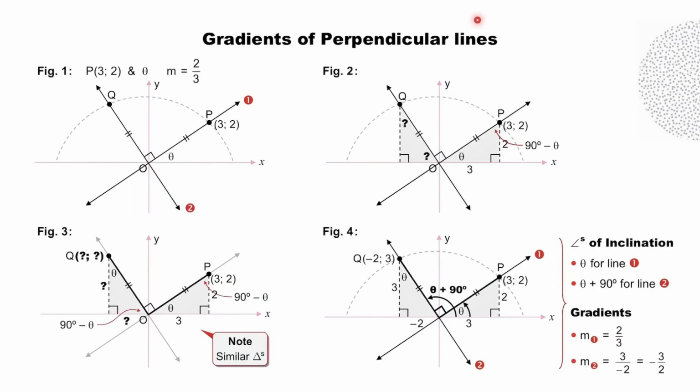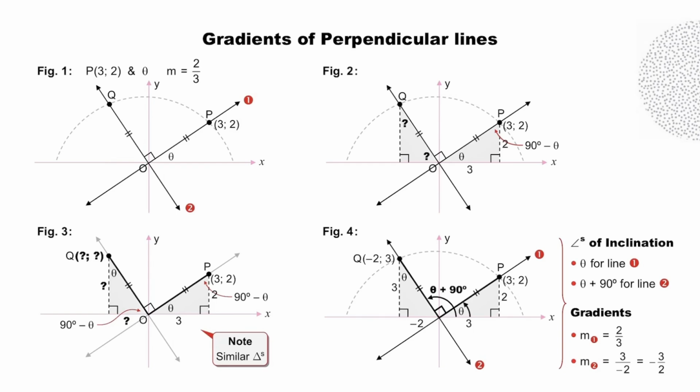About the gradients of perpendicular lines and the fact that their product is -1. You don't have to know this, but was it perhaps bothering you? This slide can be used for you to think it through yourself from Figure 1 through to Figure 4. Just as a guide, though, let's see what we have in Figure 1.